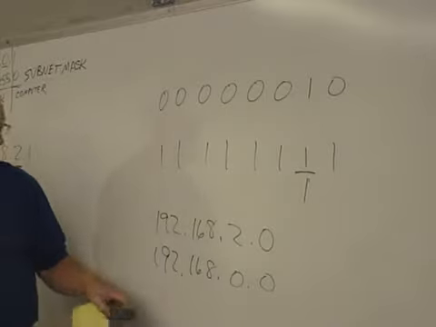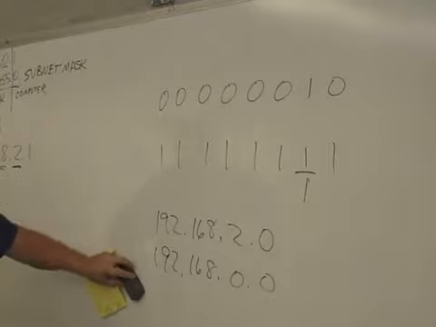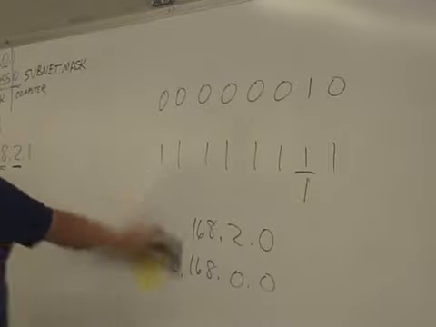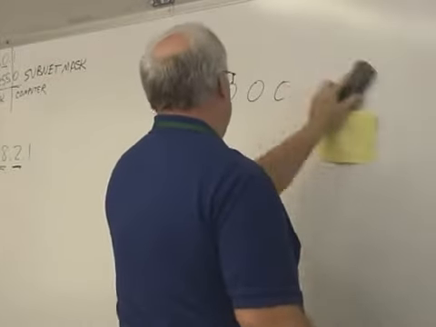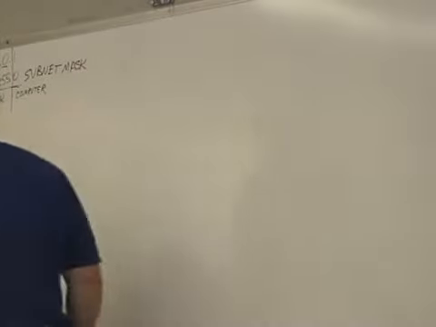So, hopefully that was a simple example. Let's look at one more thing, and then I'll shut up and let you ask questions. What if I needed, using this mask, 255.255.255.0, that means I'm using the last 8 bits for a computer, and the first 24 for a network.